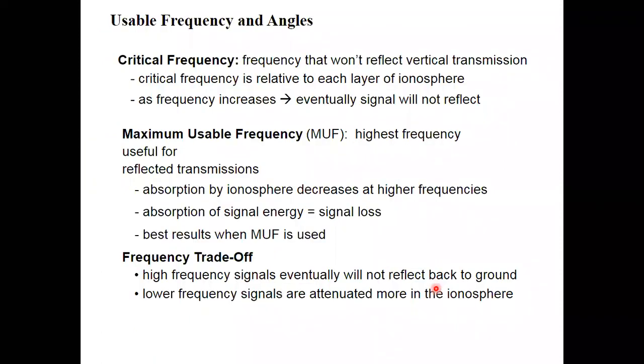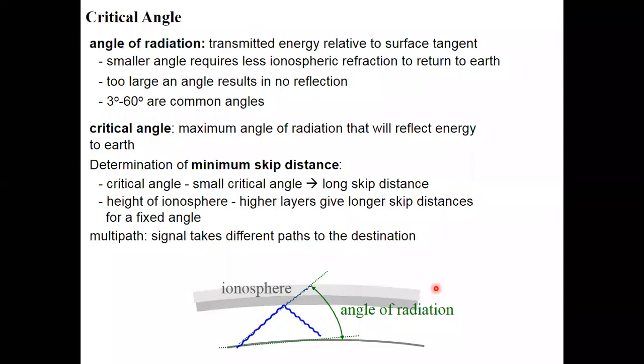Now this is the critical frequency, maximum usable frequency, and frequency trade-off that we will see during propagation of the wave from the transmitter antenna to the receiver antenna. This is the critical angle, meaning the angle at which you are transmitting the signal. That is a very important factor, so we call it the critical angle.